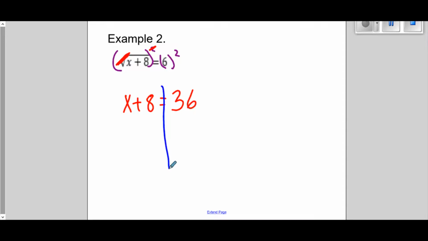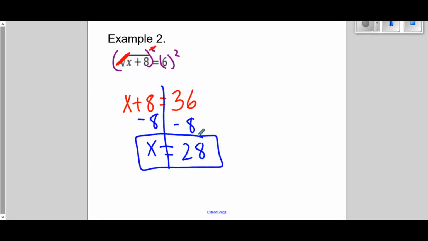And now from here, you're just solving this relatively simple equation. So you're going to draw your line. Then to get x by itself, you're going to subtract 8 from both sides of the equation. And so here you're going to get x equals 28. Now, check your answer. So you need to check by plugging it back in, by substituting 28 in for x.